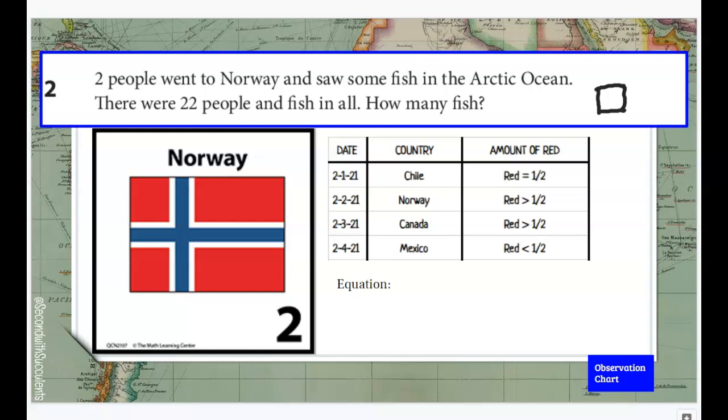I'll read it again. Write your equation. 2 people went to Norway and saw some fish in the Arctic Ocean. There were 22 people and fish in all. How many fish? Take a moment to write your equation.